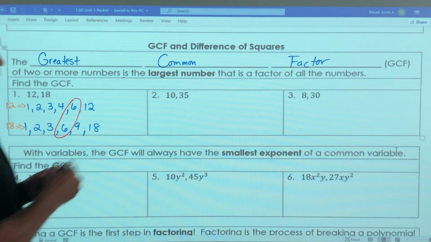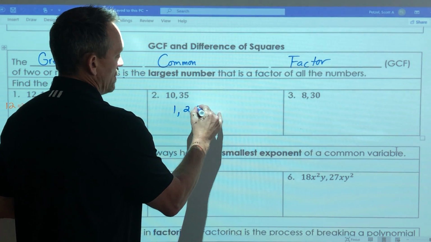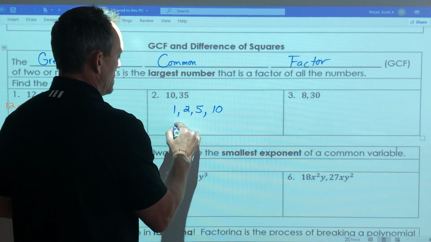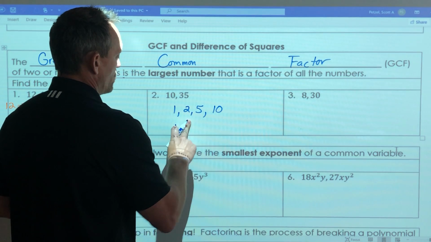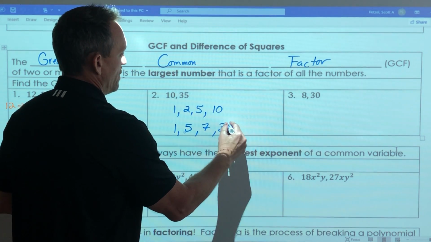Let's do it for 10 and 35. So I have 1, 2, 5, 10, and 1, 5, 7, and 35.